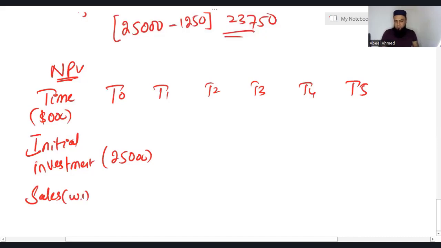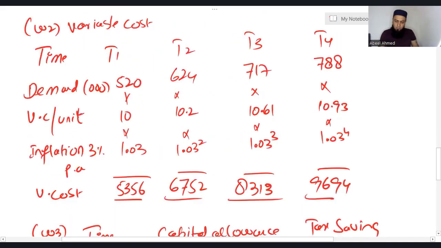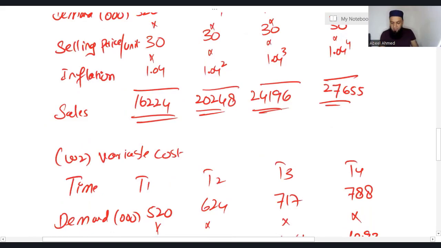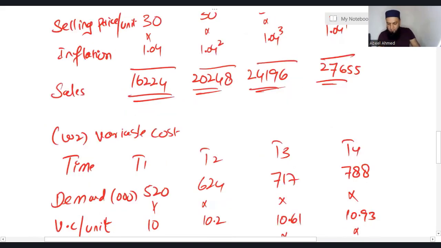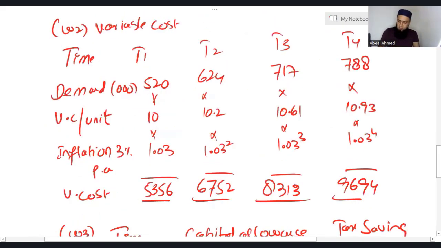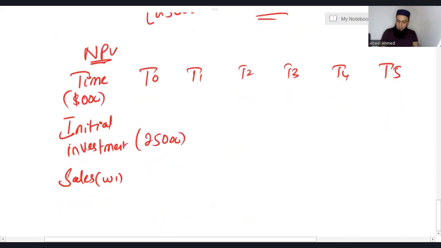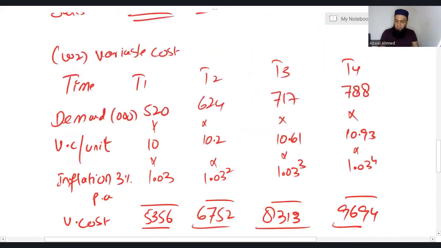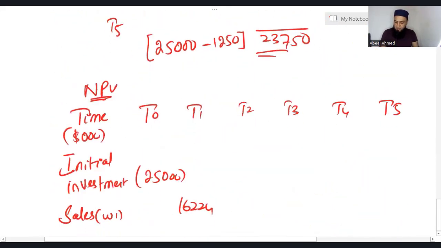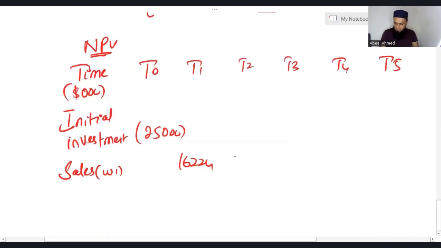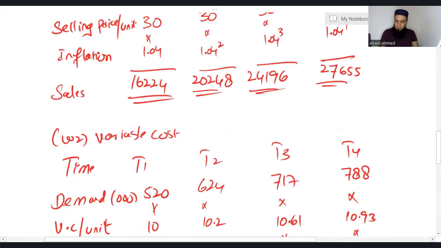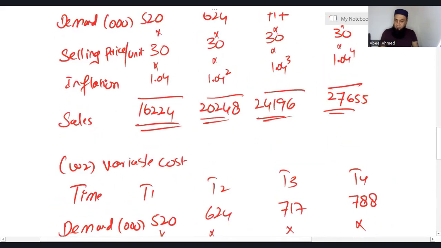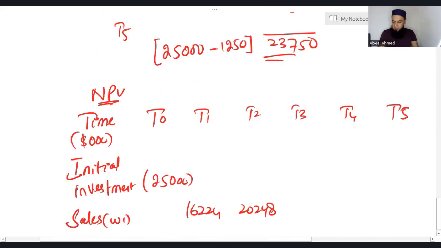Sales, working 1. T1 sale is 16,224. What is the amount of T2 sale? 20,248. T3, 24,196.